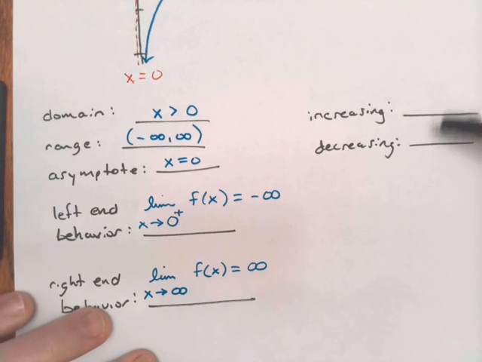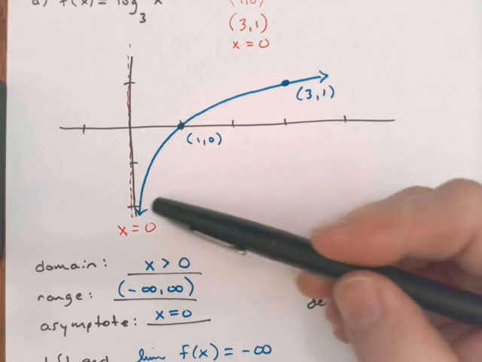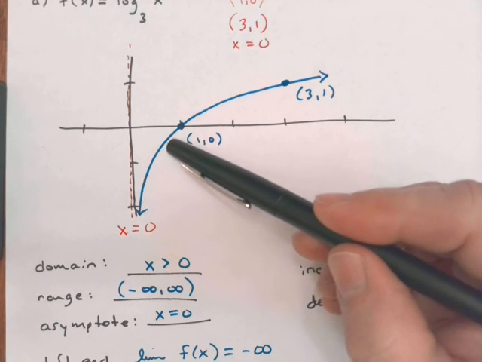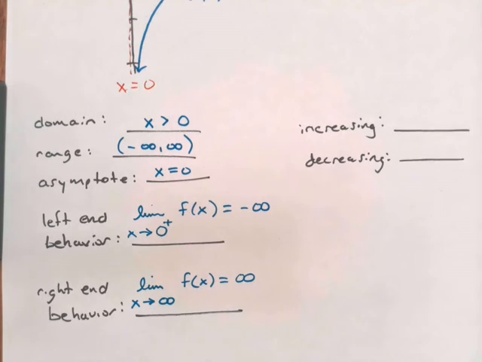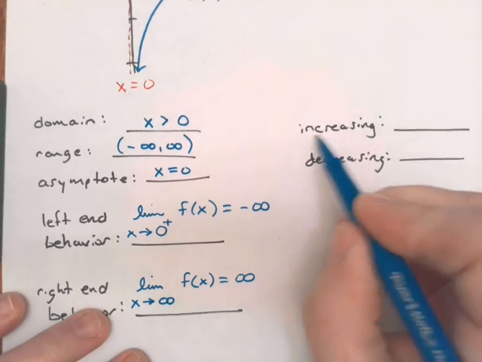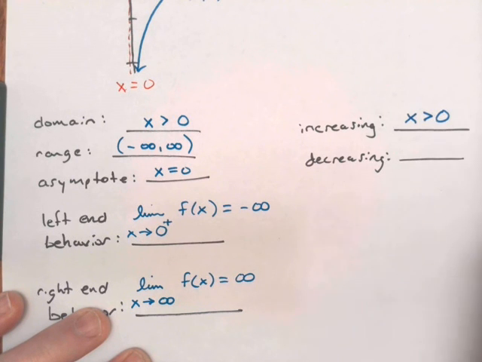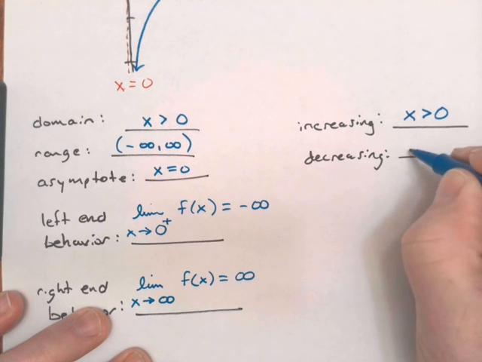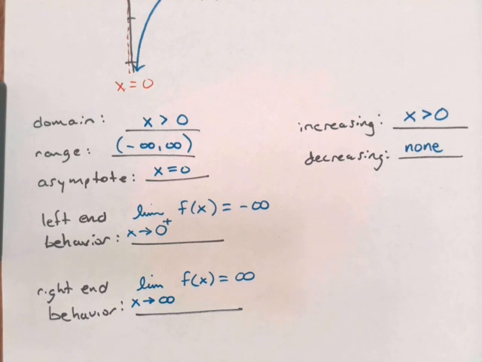As you travel along your line from left to right, this graph is going upward the whole time. It is increasing the whole time, so we copy the domain down there, and this graph is never ever decreasing. So we fill that in with none.